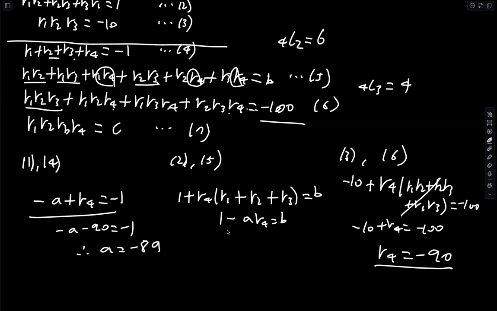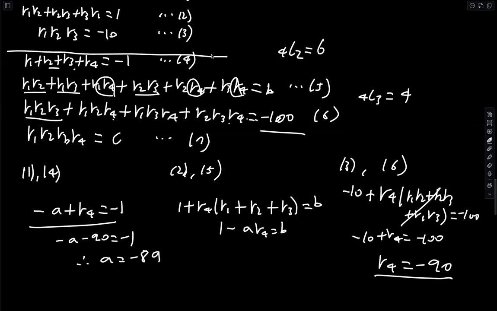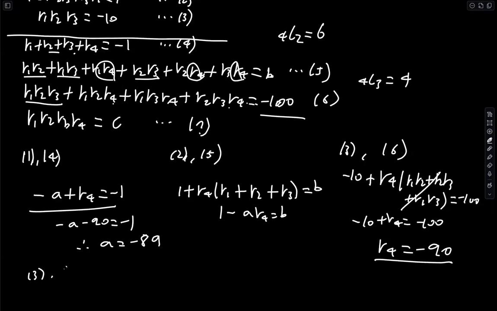I need to calculate b, but it looks quite messy. But let's try to use the third and the seventh equation. I think we might have a simpler calculation. So we know that this whole thing is equal to negative 10.